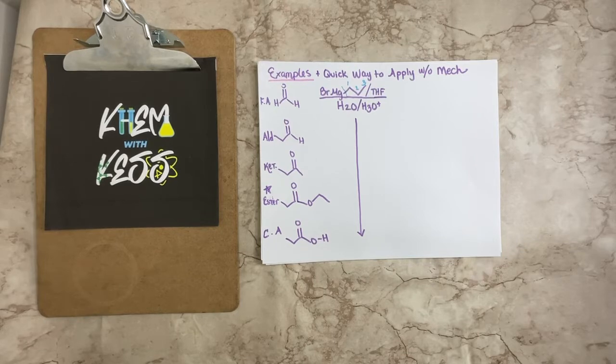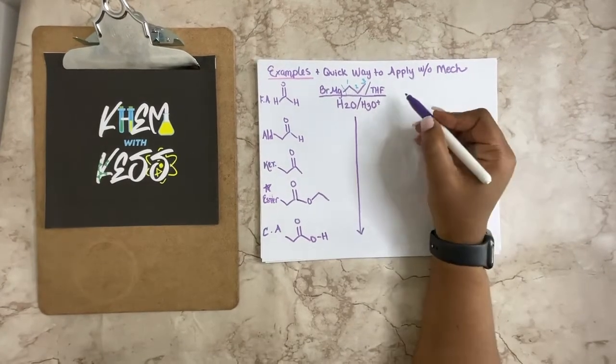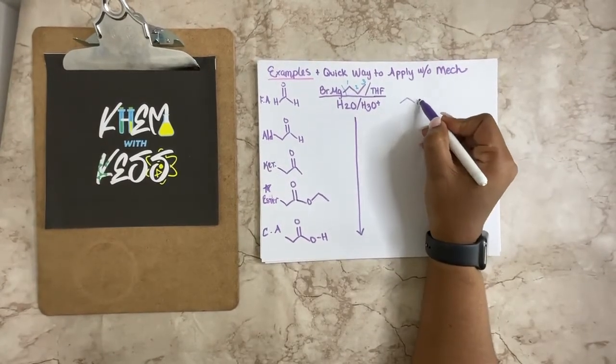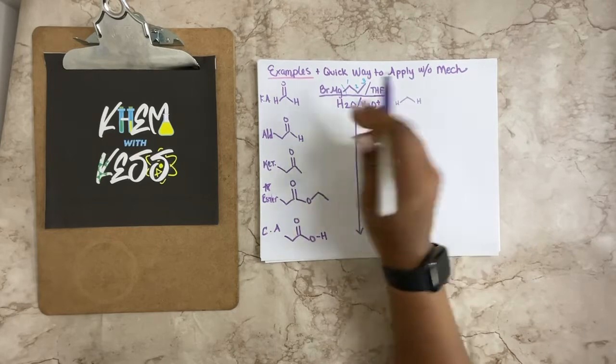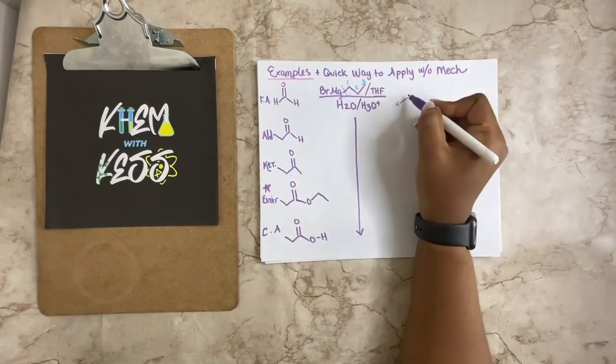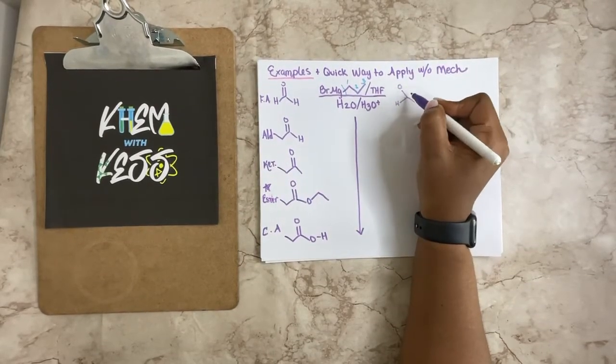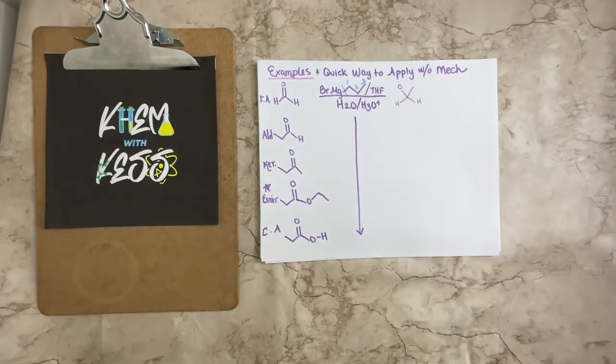Now what's next? Looking at your actual carbonyl to determine where to add it. You can always leave your backbone the exact same. The carbonyl structure will split. One will be an oxygen, the other one will start off.